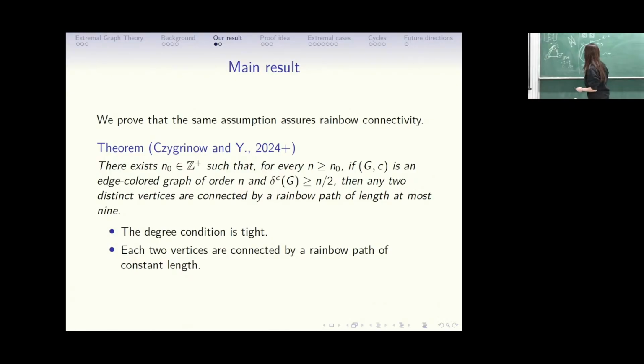So two, maybe? Yeah, X sees more than half of the remaining vertices, and Y sees more than half of the remaining vertices. But if I just tweak it a bit, let's say if I say it's at least n by 2 minus 1 or minus 2, then is it like 3 or something? Okay.